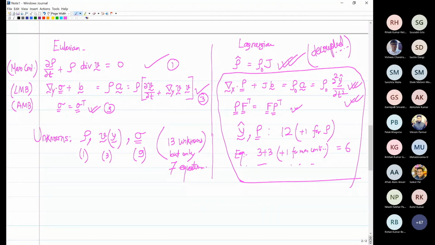So can anyone tell me what more equations will we be needing? Stress as a function of y, yes. So we have to somehow here, for example, relate sigma to kinematic variable, or over here, relate p to kinematic variable.